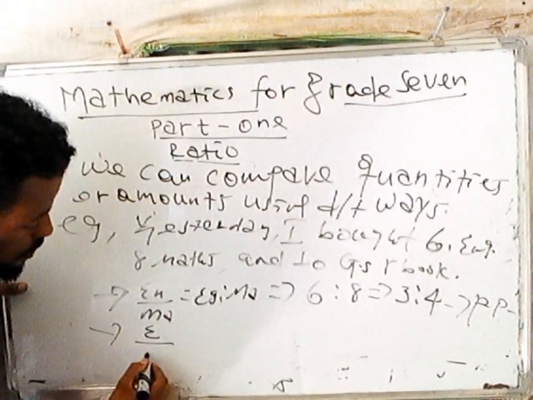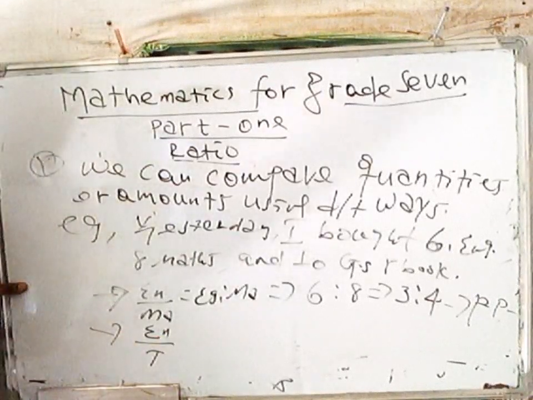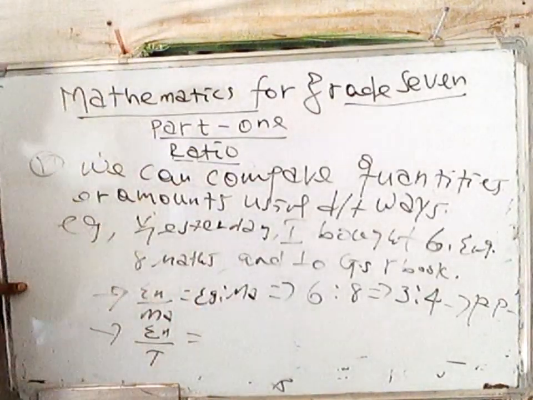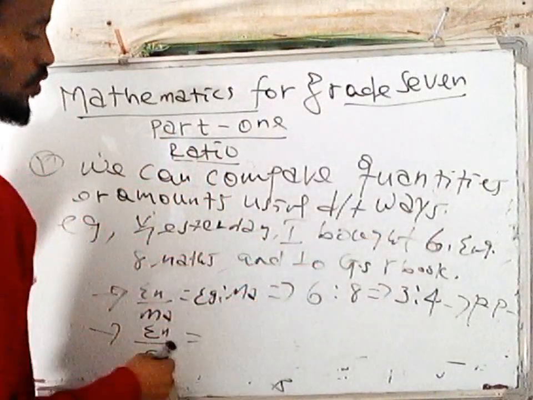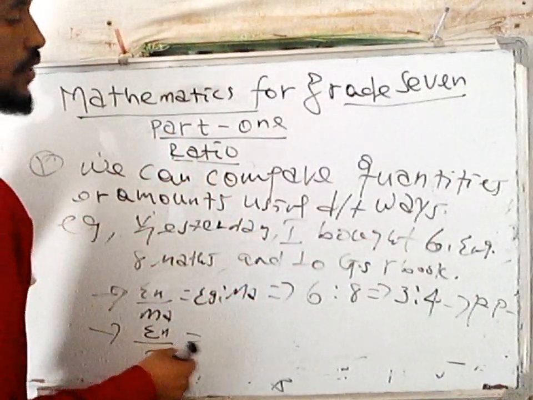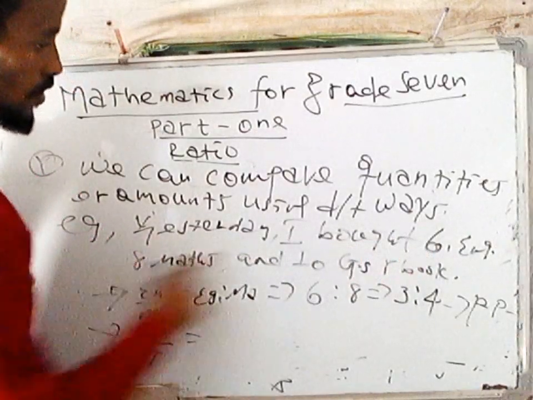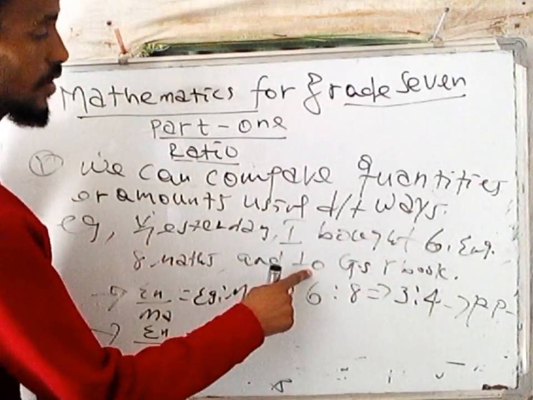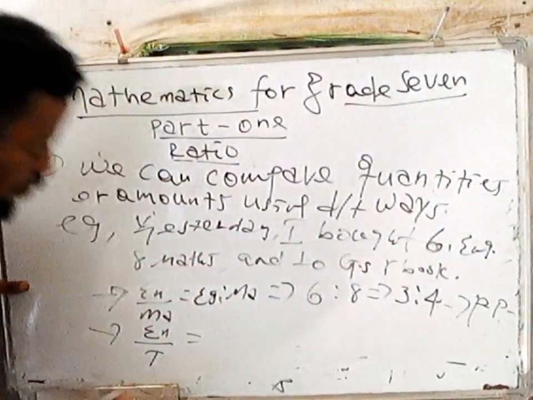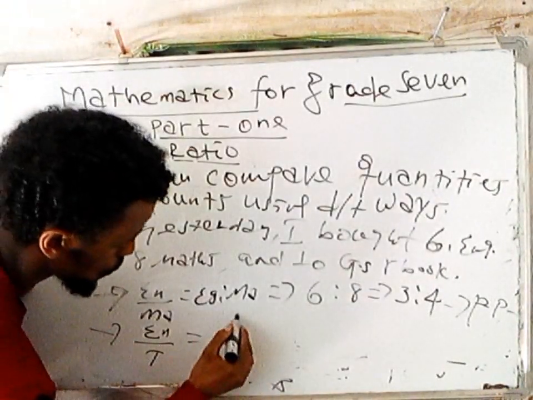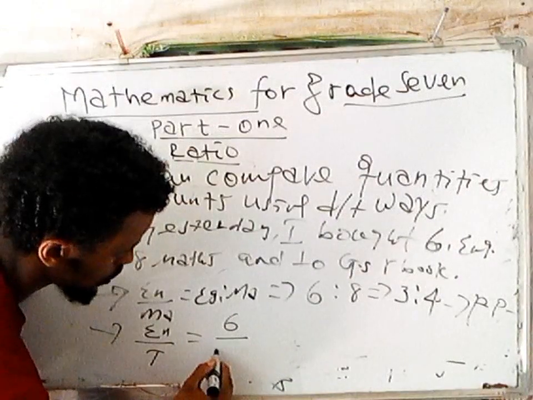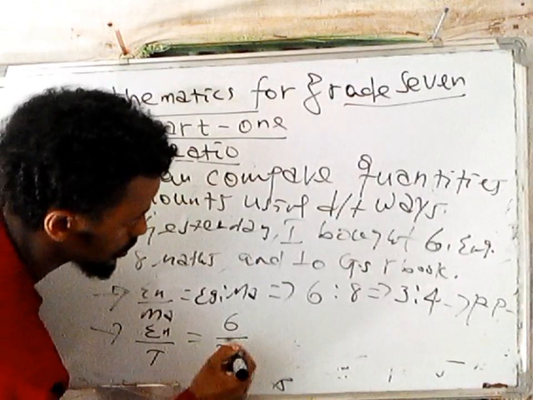English to what? Total reference books. That means I have to sum up the total reference books: 8 plus 6 plus 10, that's 24. The number of English reference books is 6, so that is 6 over 24.